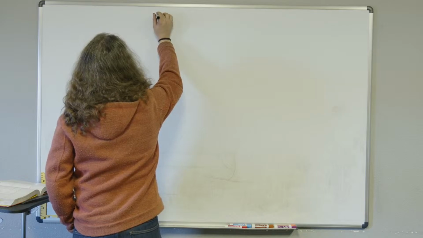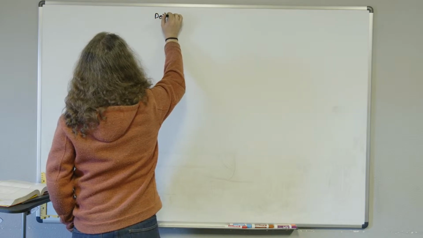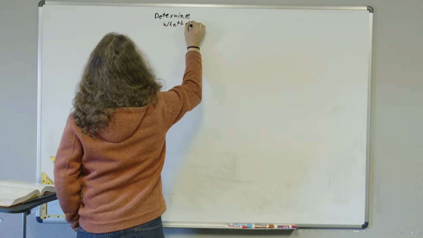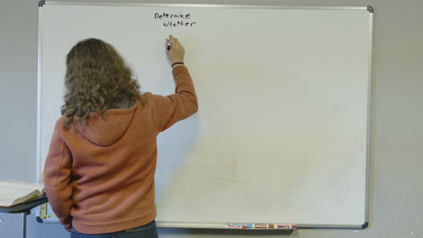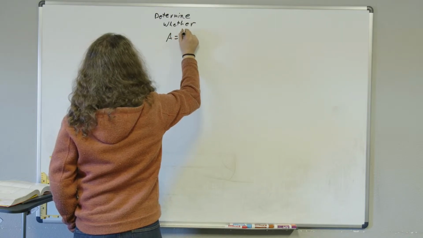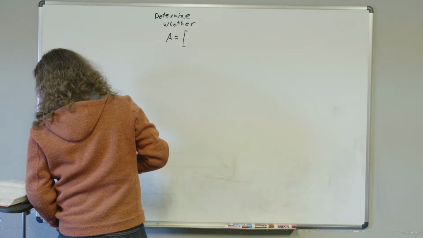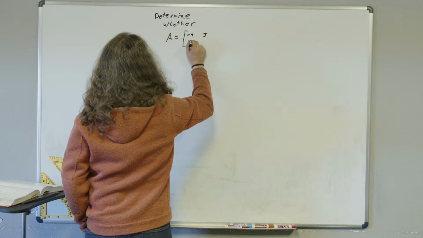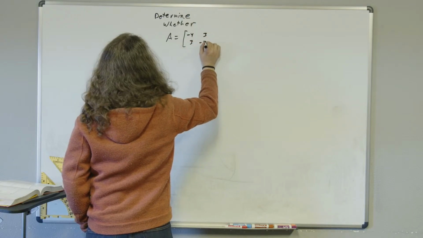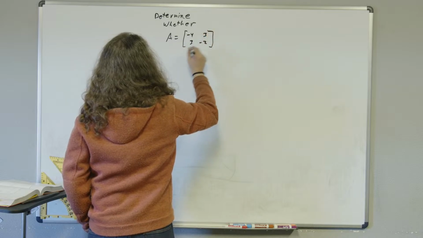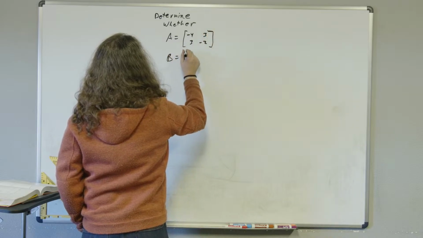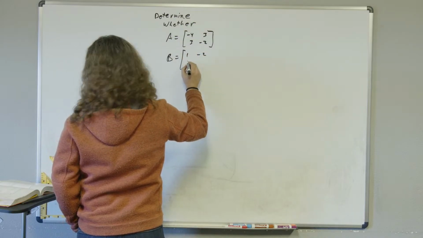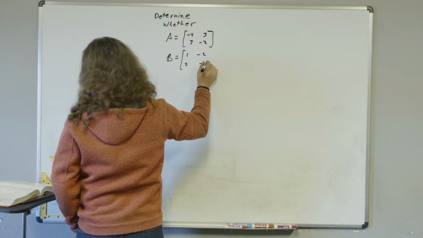So we're going to determine whether A equals -4, 3, 3, -2, and B equals 1, -2, 2, -3.